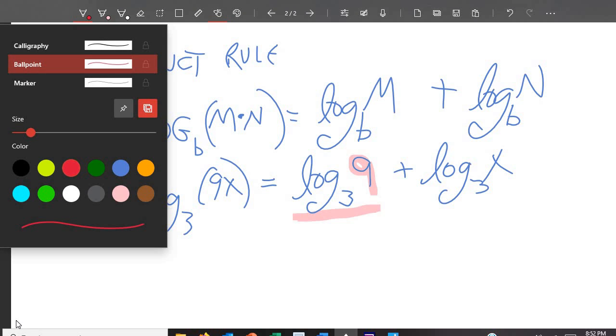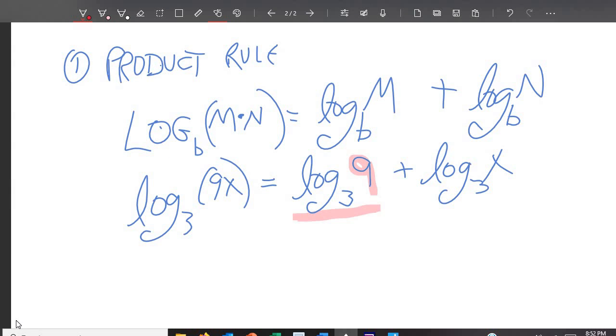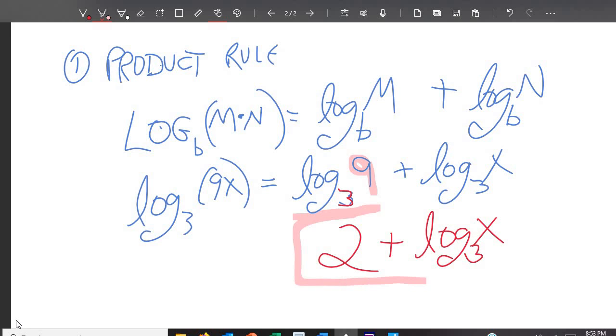This comes back to the other section: the logarithm is an exponent. So what exponent of 3 gives me 9? The answer would be 2. I can't simplify this one because it's an x. So what I end up with is this as the final answer.